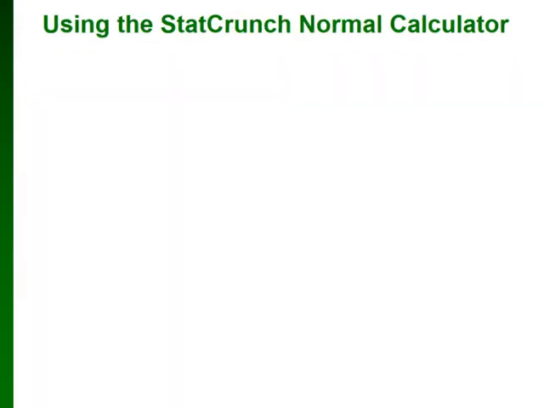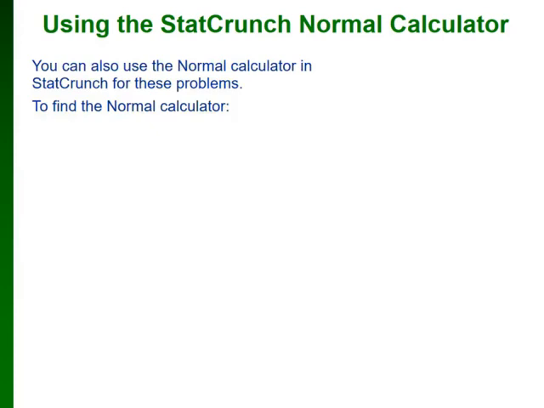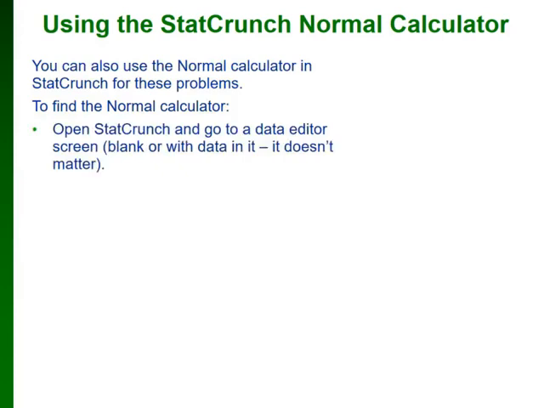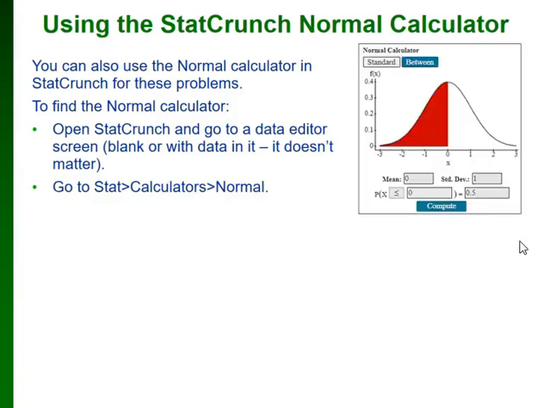Now let's look at how to use the StatCrunch normal calculator. First of all, to find the normal calculator in StatCrunch, just open StatCrunch and go to a data editor screen. It can be a blank one or it can have data in it, it doesn't matter. Then go to Stat, Calculators, and Normal. You should see a window like this come up.